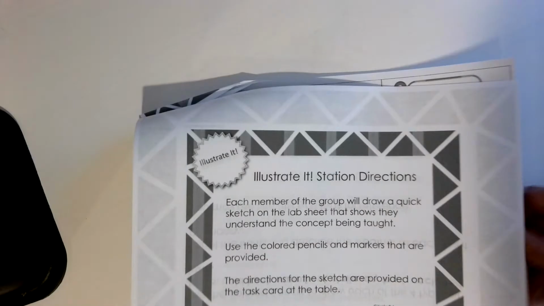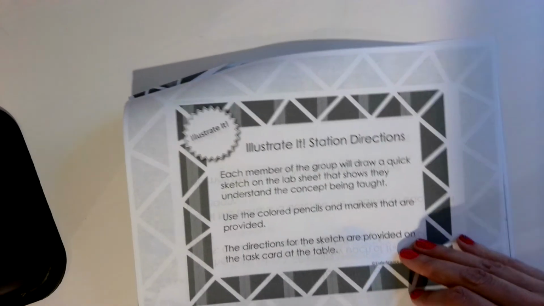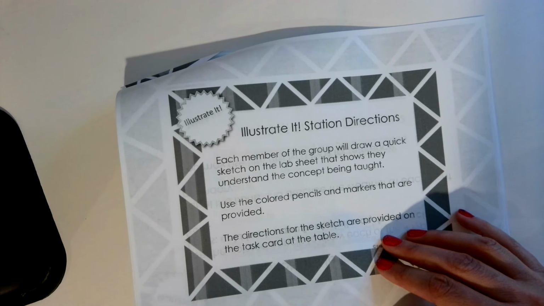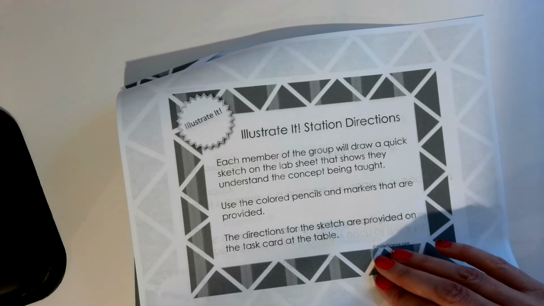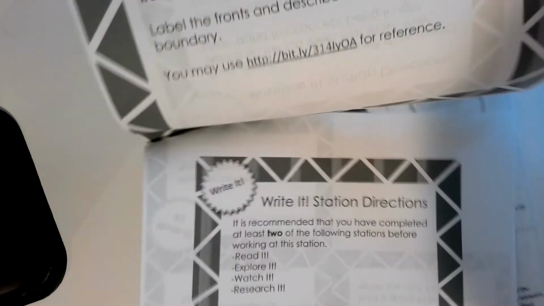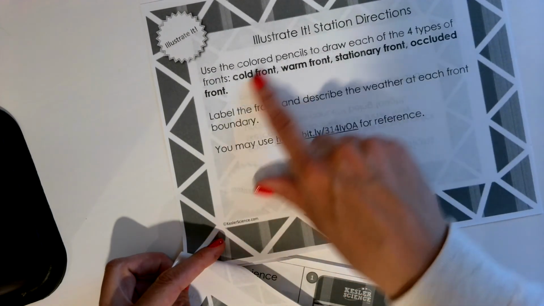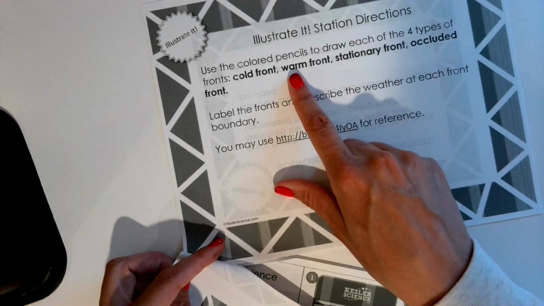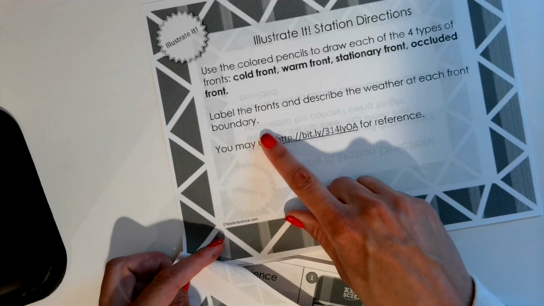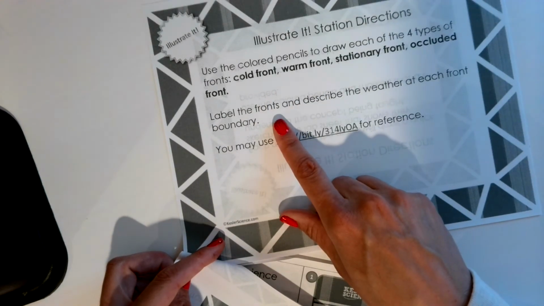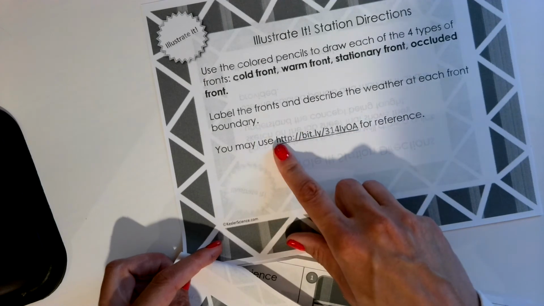Then the Illustrate It station, you'll need colored pencils and markers, and they're going to ask you to go to this website here for a reference, and then you're going to use colored pencils and draw each of the 4 types of fronts, label the fronts, and describe the weather at each front boundary.